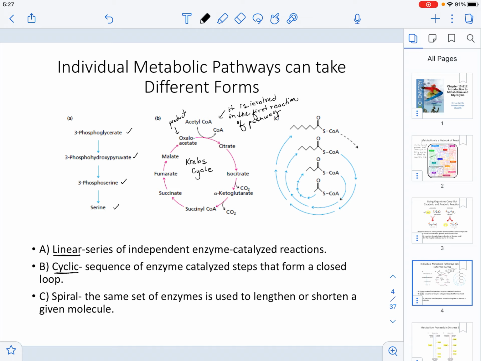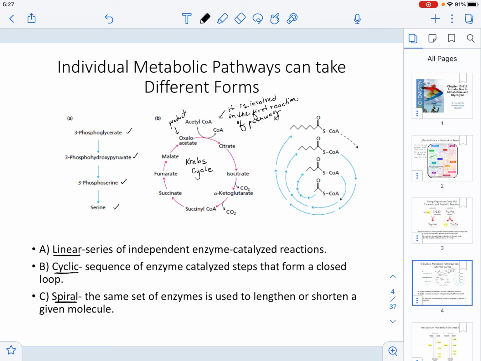Now, we can also have a metabolic pathway that is a spiral pathway. As you can see here, in a spiral pathway, the same set of enzymes that is used to enlarge, meaning lengthen, a particular biomolecule are the same enzymes that are utilized to shorten it.